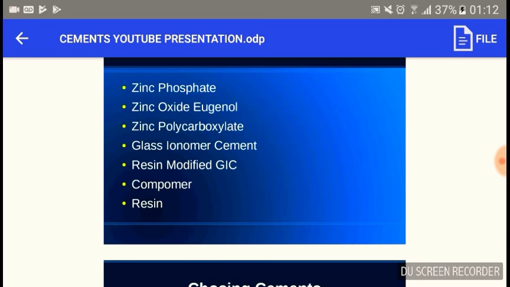Just like how zinc phosphate causes some irritation of the pulp, zinc polycarboxylate does cause mild pulp irritation. However, remember that the zinc oxide reacts with the polyacrylic acid, and the polyacrylic molecules are actually larger in size. Remember that zinc phosphate is the zinc oxide that reacts with the phosphoric acid. The phosphoric acid molecules are smaller than the polyacrylic acid molecules.